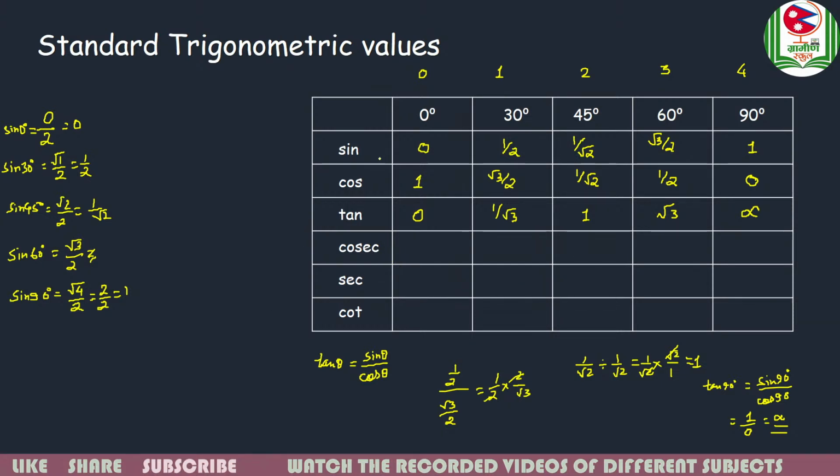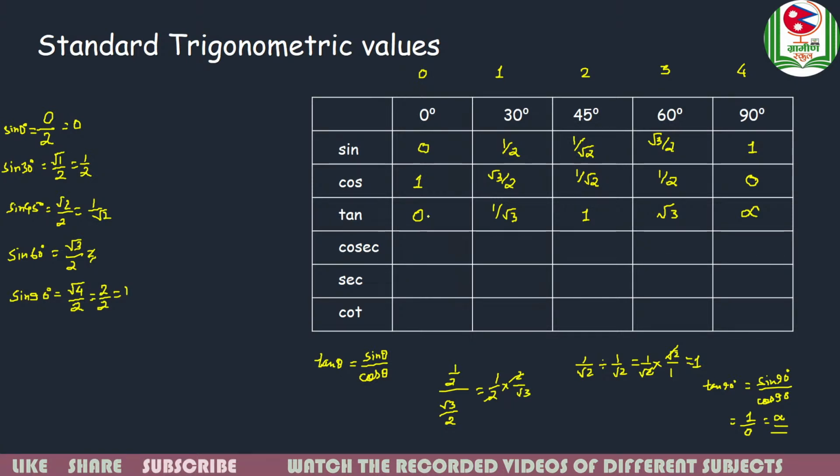And you know that sine theta and cosec theta are reciprocal of each other. So if you have the value of sine 0, then you can easily find out the value of cosec 0. And if you have the value of sine 30 degree, then you can easily have the value of cosec 30 degree. Similarly, if you have the value of cos, then you can easily find out the value of sec.